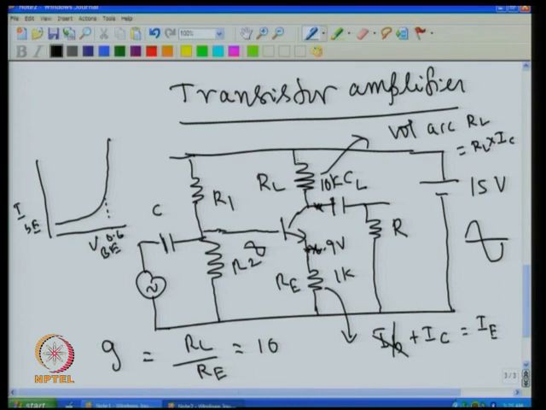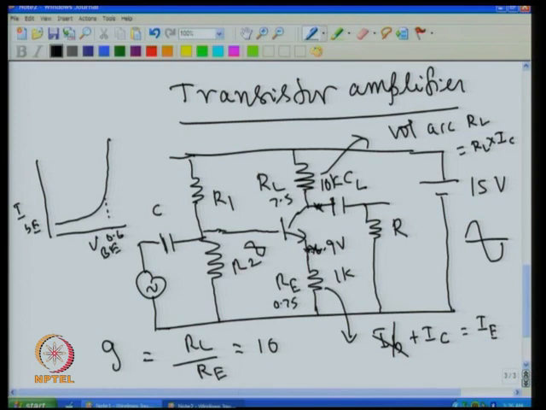The same current is flowing through this, the ratio is 1:10, so the voltage across this will be 0.75. That is a DC voltage, 7.5 will be there.